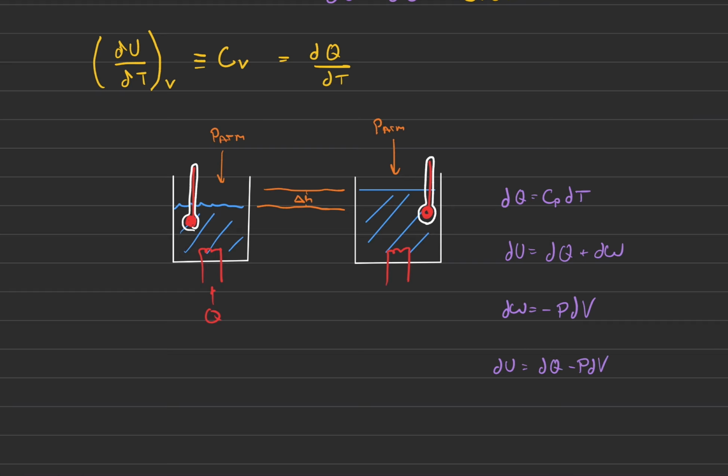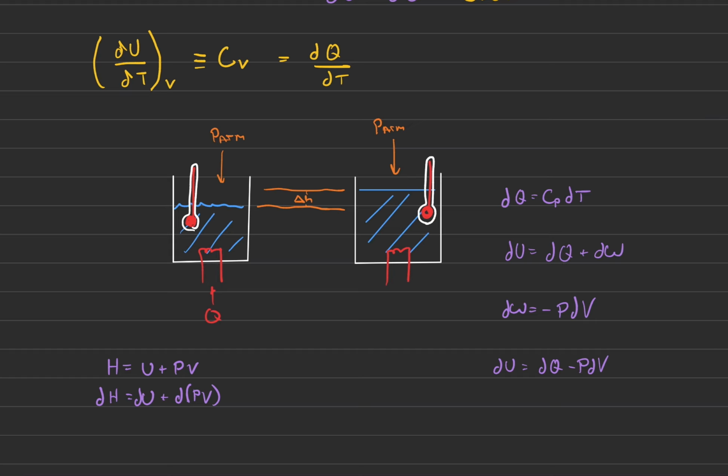which looks nonsensical, but let's go back to our definition of enthalpy. Well, we know that enthalpy is going to be equal to U plus PV, getting it in its differential form. We have differential enthalpy equals differential internal energy plus the differential of the product PV.